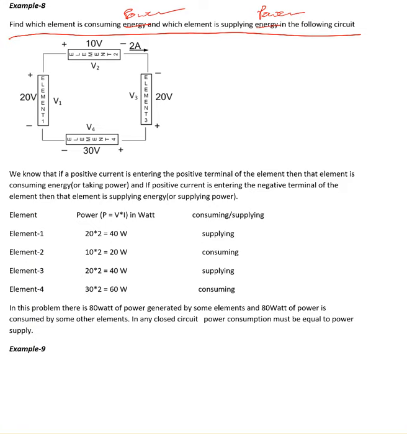We know that energy equals power times time. Anyhow, there are 4 elements connected basically in series. We haven't talked about series yet. Series and parallel are introduced in a future chapter.